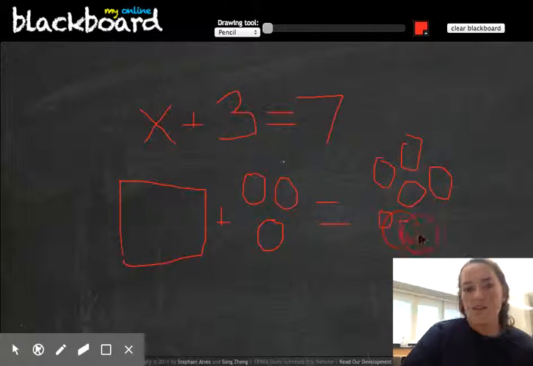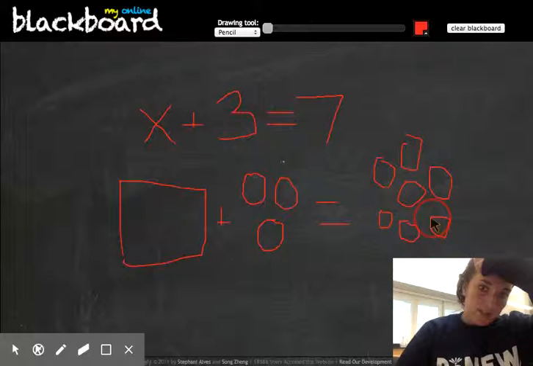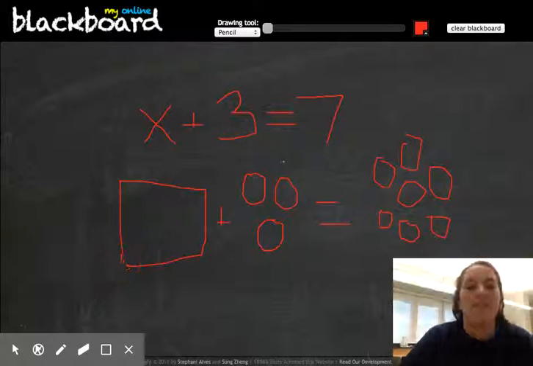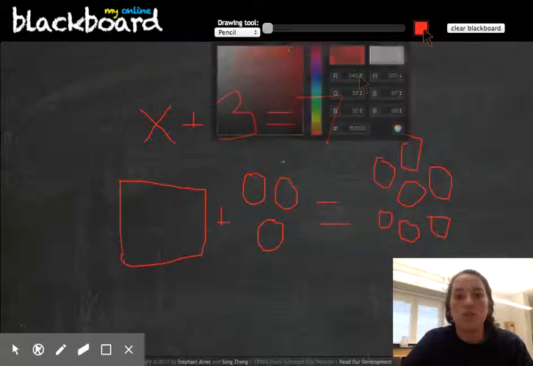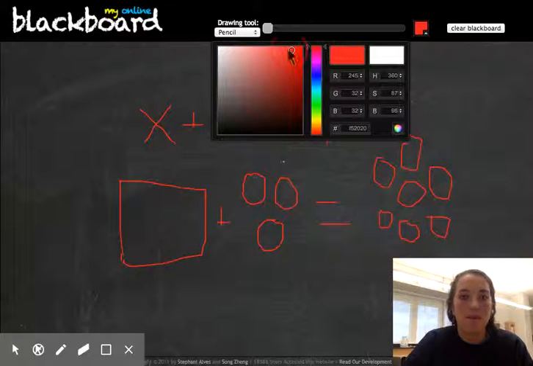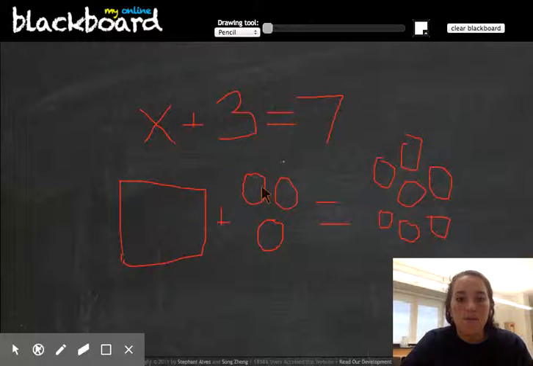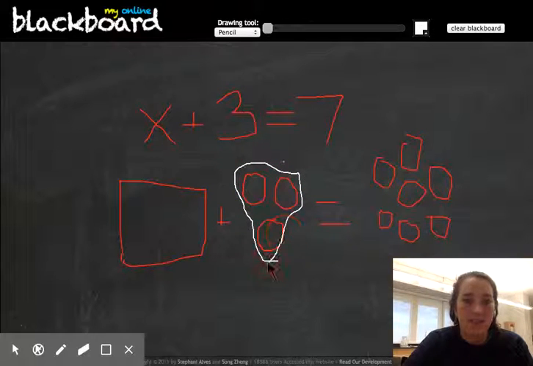So think of this in a real world context. Imagine you have a certain number of cookies, let's say, and then you add 3 more, these 3, and you end up with 7. We're trying to figure out what did we start with? What goes in that box to make this work? So if we look at this problem right here, we're adding 3 and we're ending up with 7.